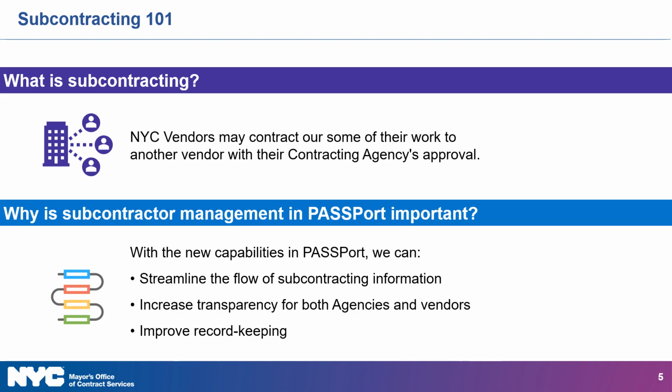Well, subcontracting has been a part of city procurement for a long time. With the new capabilities in Passport, we can streamline the flow of information, increase transparency for agencies, their vendors, and subcontractors, and improve record keeping and simplify the process so that it doesn't rely on so many offline actions.